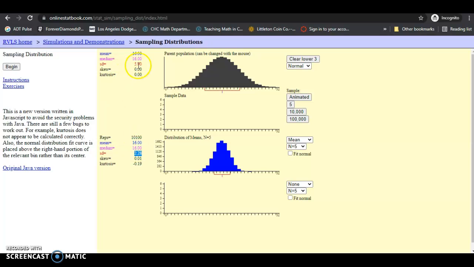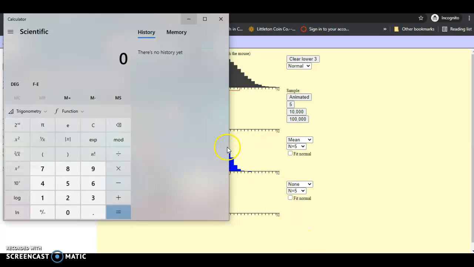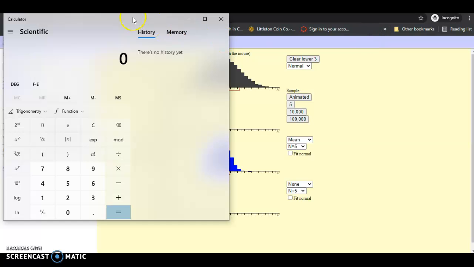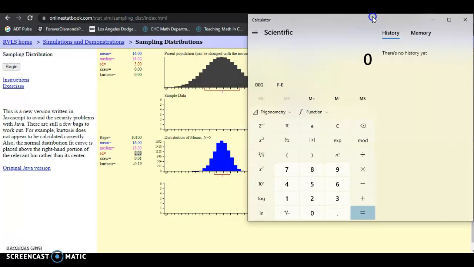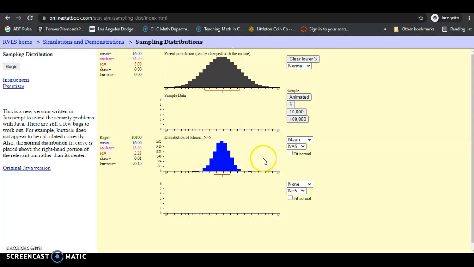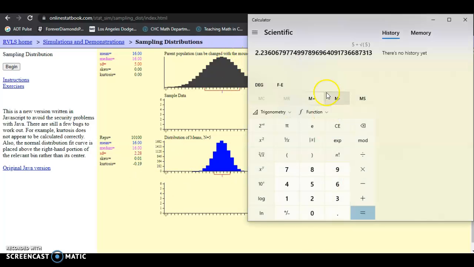So if we apply the formula, which says that the standard deviation of the sample means is equal to the standard deviation of the population, 5.00, divided by the square root of our sample size, and our sample size is 5. The square root of 5 is this number here.